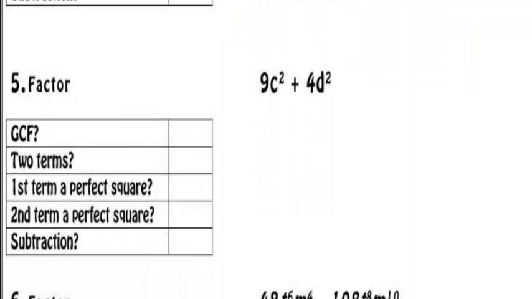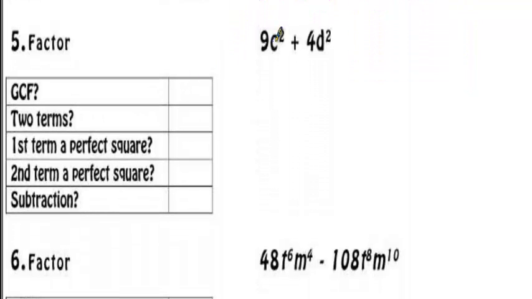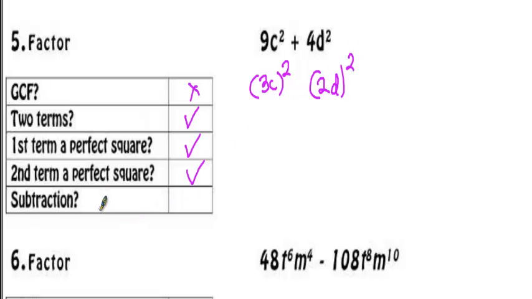Alright, let's do example number 5. Do we have a GCF? No. Two terms? Yes, we have two terms. Is the first term perfect? Yes, it is, and we can write 9c squared as 3c squared. Is the second term perfect? Yes, because we can write 4d squared as 2d squared. Do we have a subtraction in between the two terms?